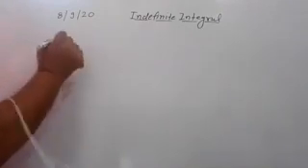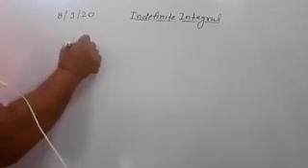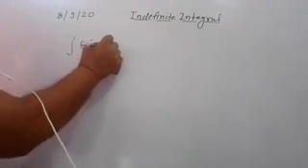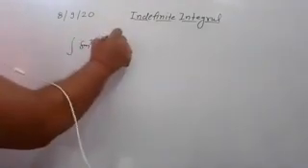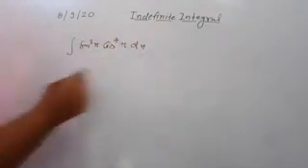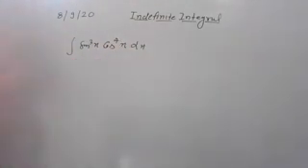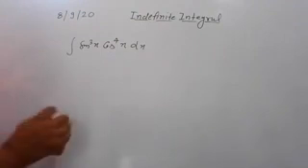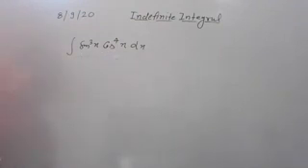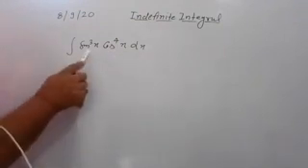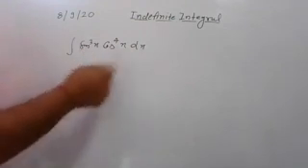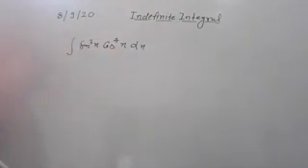Now you write here integration of sine cube x cos to the power 4x dx. Now, if you see the powers of sine and cos, you find that the power of sine is odd. So here you substitute cos x is equal to t.